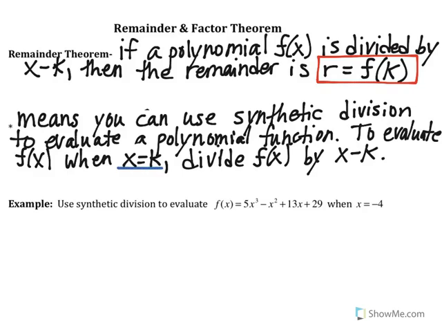This sign here is the opposite of the sign in that factored x minus k, or whatever that factor is there, just like you would have from synthetic division. So you're going to use the actual sign of what x is equal to, or k is equal to. The remainder is going to be your answer.